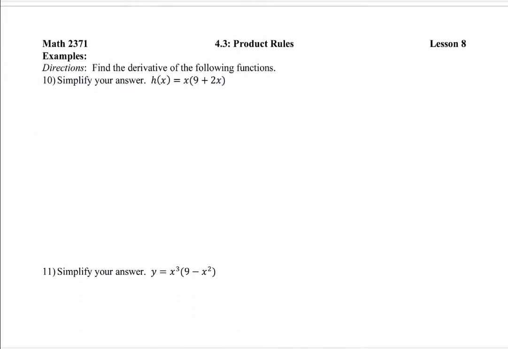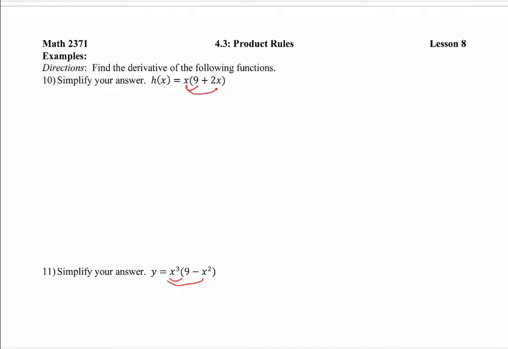Now, let me say this. If it says simplify your answer, to me, the easiest way to do that would be on this one, and on the second one, would be to go ahead and distribute and simplify it before you start. And guess what? That's perfectly fine with me. You do not have to use the product rule unless you just want to.